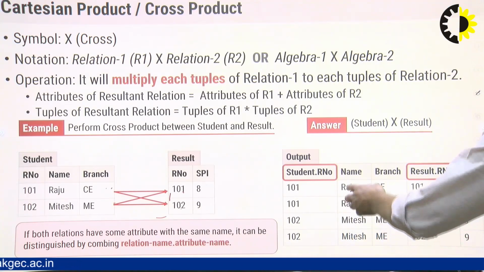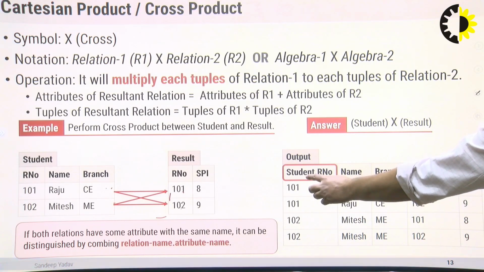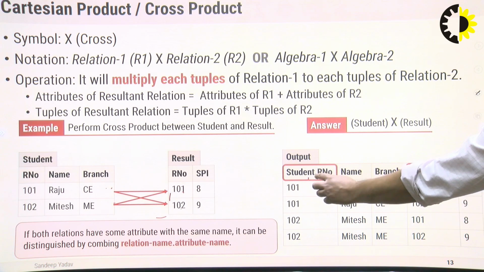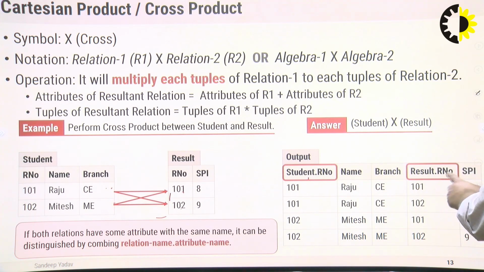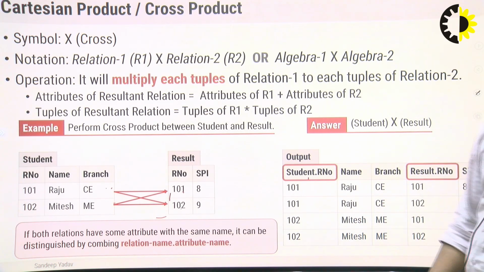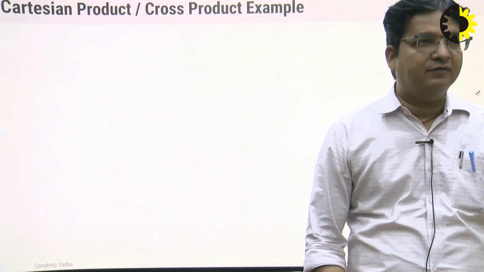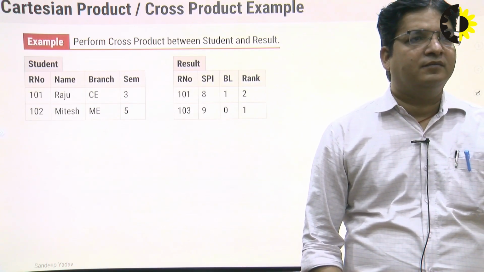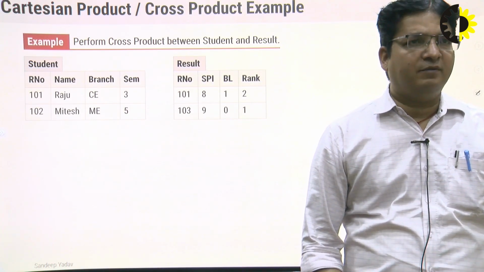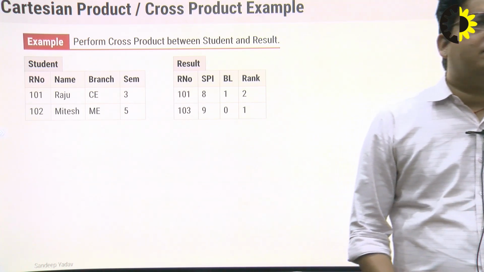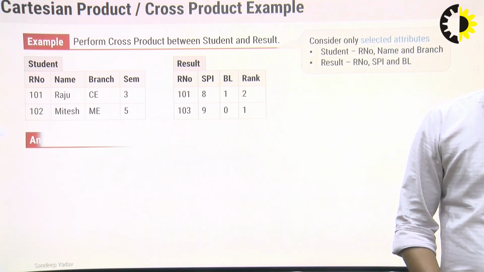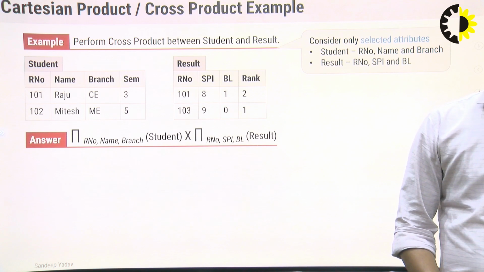That is, here this roll number is coming from the student table, so we have to specify student dot roll number, and this roll number is coming from result, so we have to append the name of the relation before the name of the attribute if both of them are shown in the result. Now again we are performing the cross product between the student and the result relation, so we will be getting the answer in this form only.